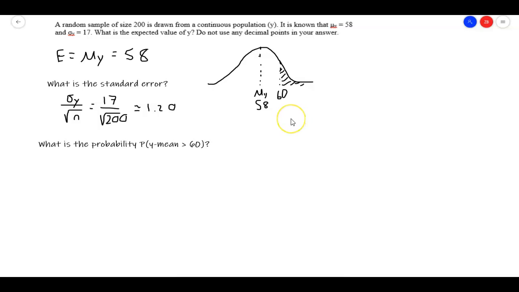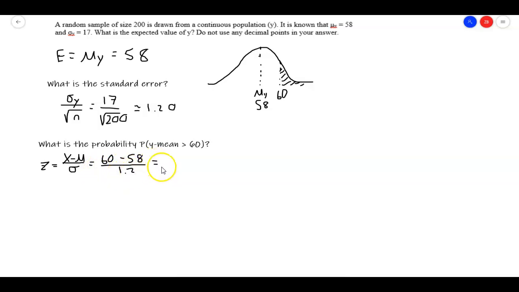In order to do this, I can convert my data value 60 into a z-score. Z is equal to the data value minus my mean, all over my standard deviation. That's 60 minus 58, our mean, all over our standard deviation, which is 1.2.